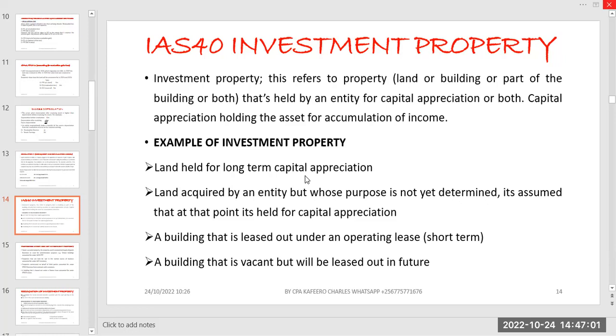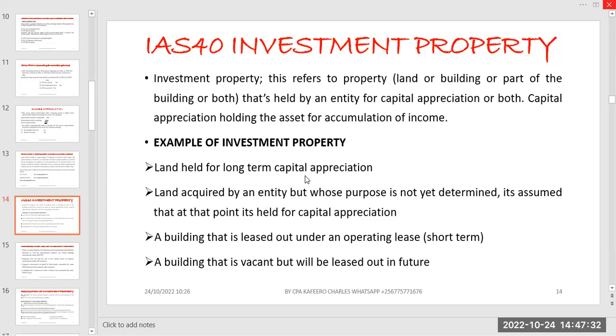In the last video we talked about IAS 16, that was PPE, and we really went ahead and discussed most of the non-current assets. We gave a demonstration on how they are all treated when you're handling non-current assets.